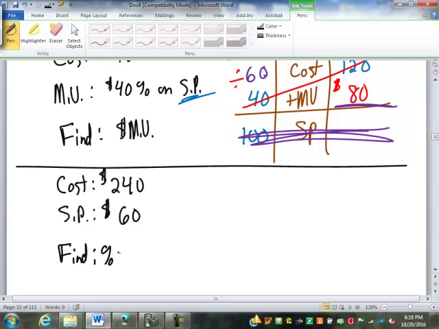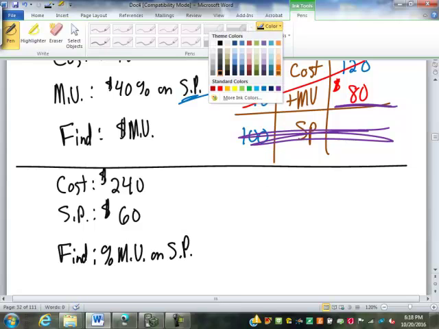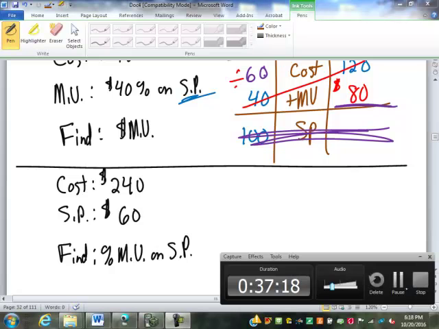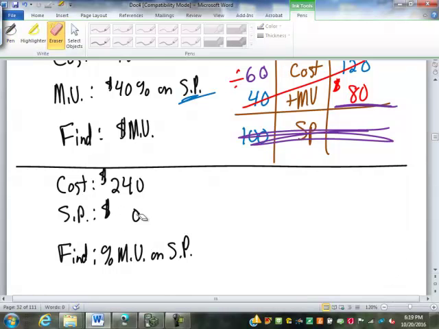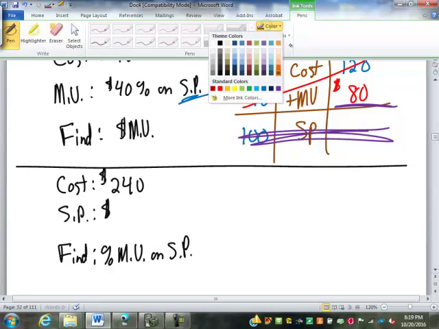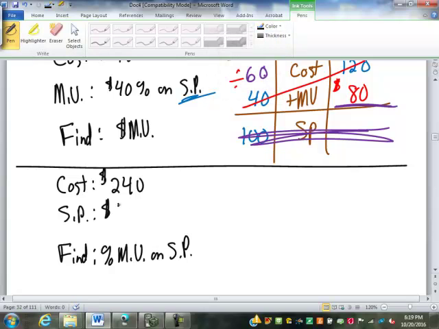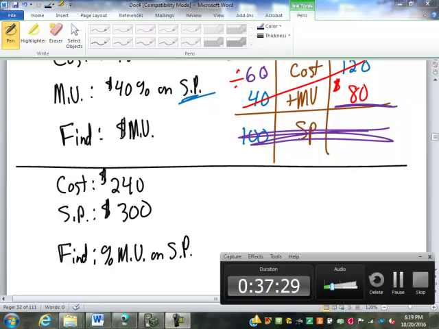Find percent markup on selling price. Try that one in your notes quick. See what you come up with. Yeah, I spaced that out. I gave you the wrong number there. Selling price is $300, not $60. Thank you.